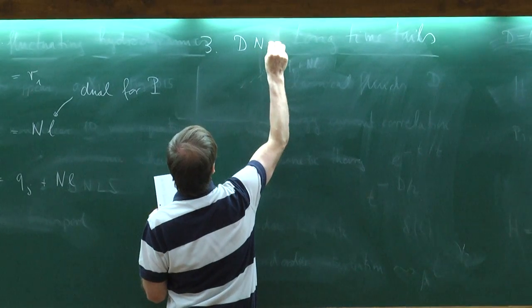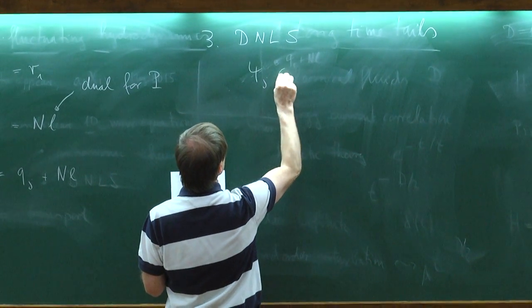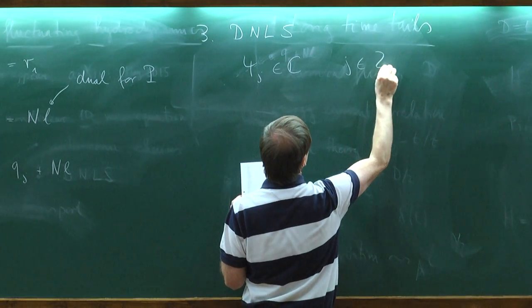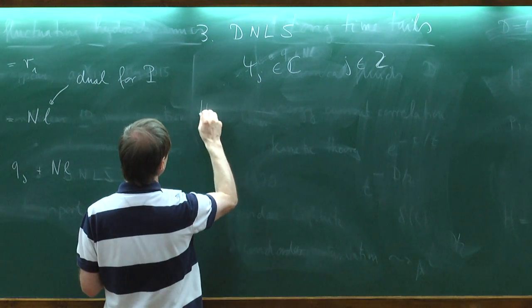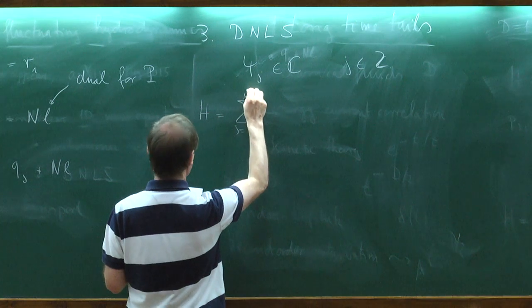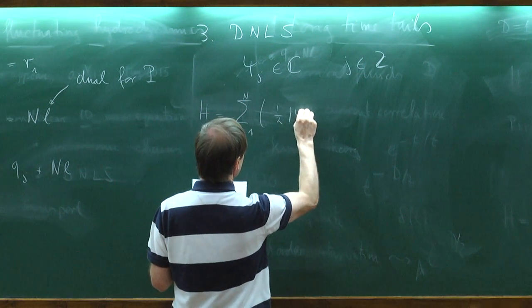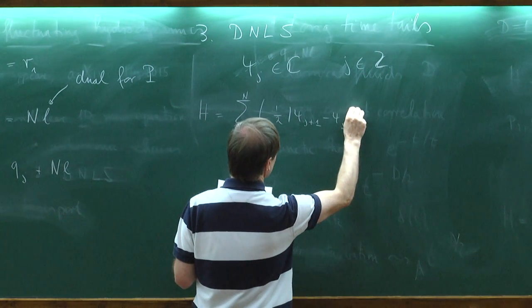Okay, so NLS. Now you have a wave field psi_j, which is complex, and j is in my lattice. And you have an energy, let's say for size N with periodic boundary condition, so j goes from 1 up to N, and you have this gradient term, the nearest neighbor coupling, absolute value squared.